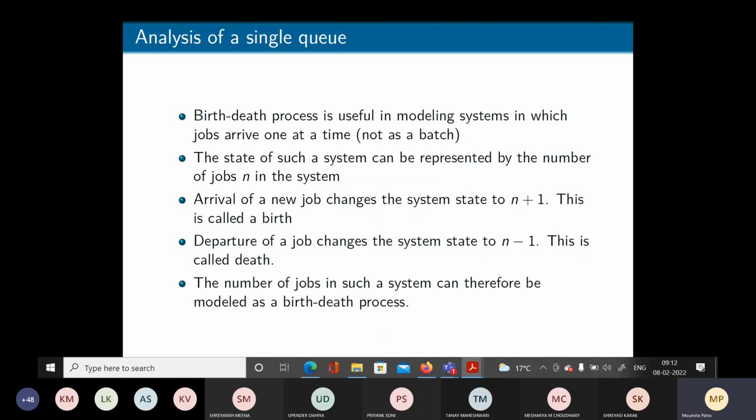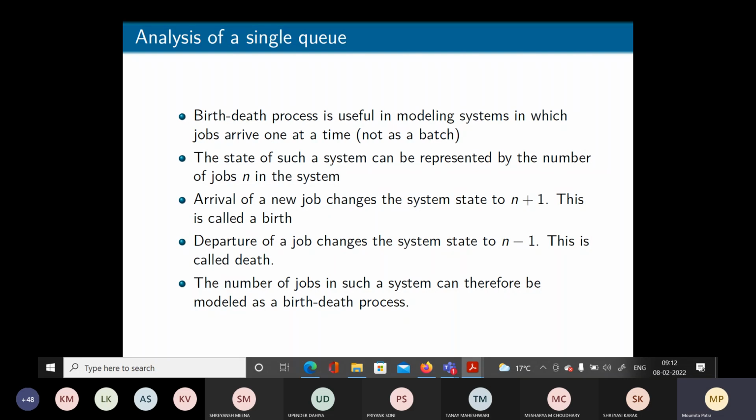So first of all, as I already told you, we are assuming it as a birth-death process, and this is just the definition of a birth-death process. What do we know about it? The state of the system can be represented by the number of jobs, n, in the system. Jobs will be individual arrivals, not a batch.